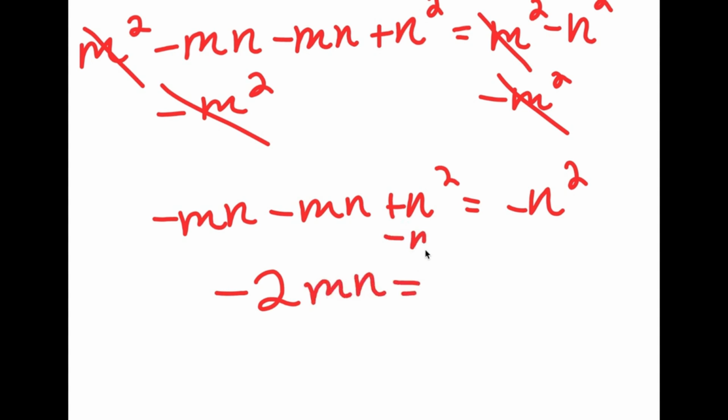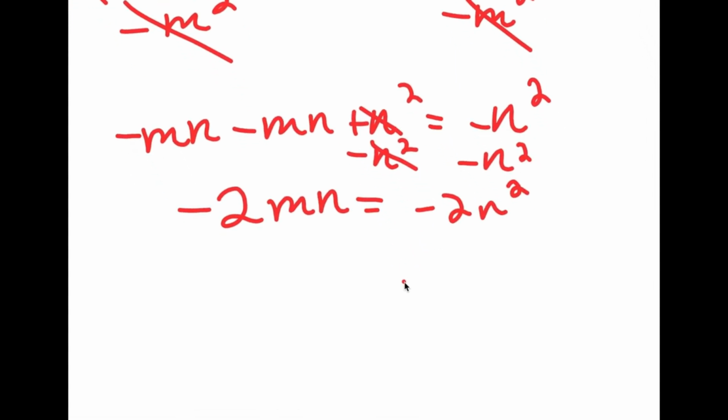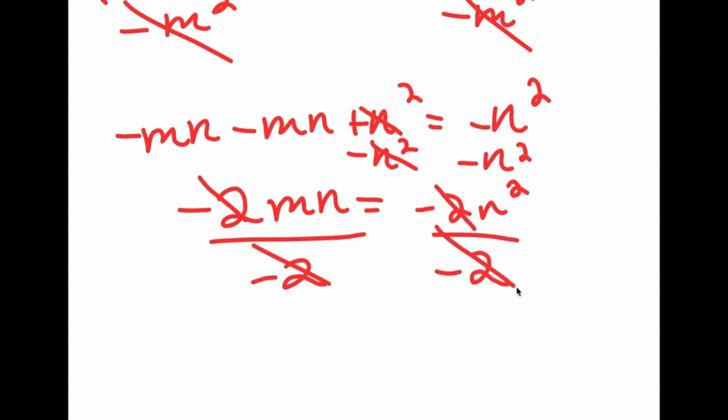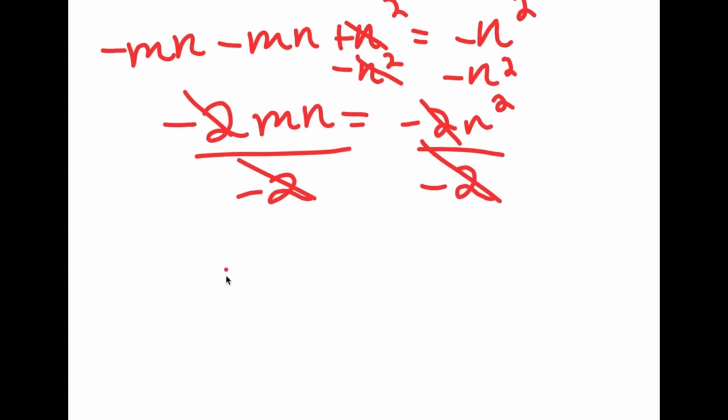And then if I subtract n² on both sides, these two cancel out and I get negative 2n². Now from here, I can divide both sides by negative 2. So these two negative 2's cancel out, these two negative 2's cancel out, and I'm simply left with mn is equal to n².